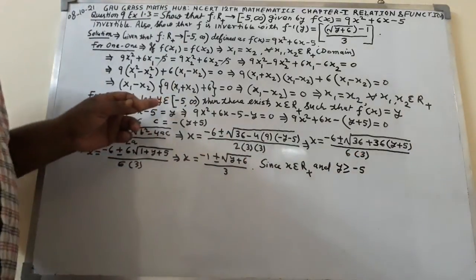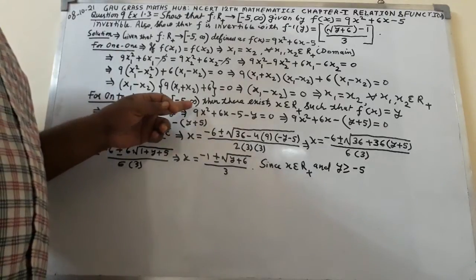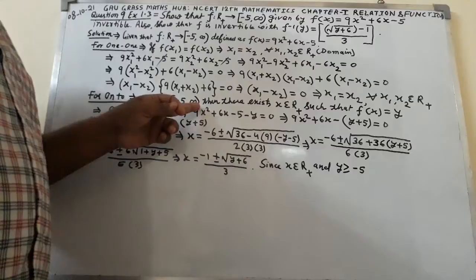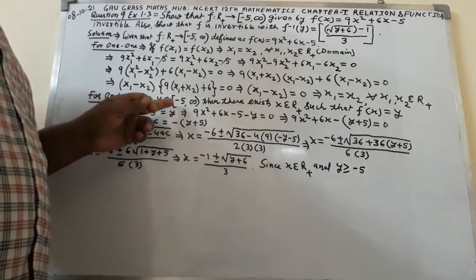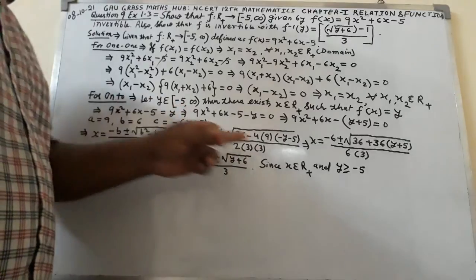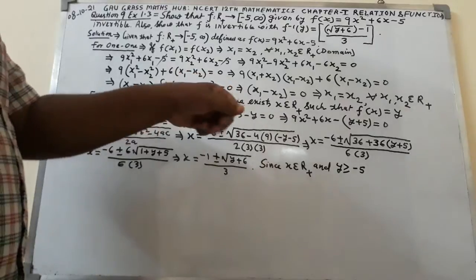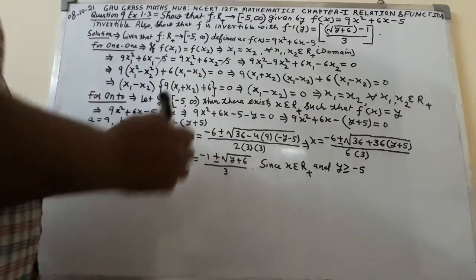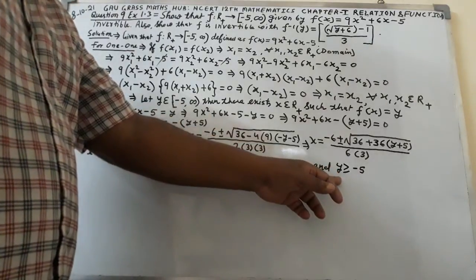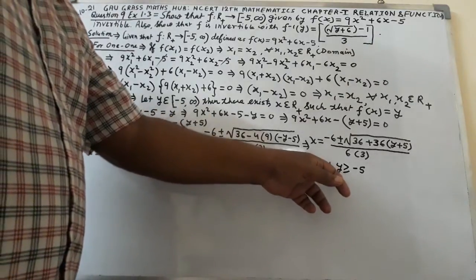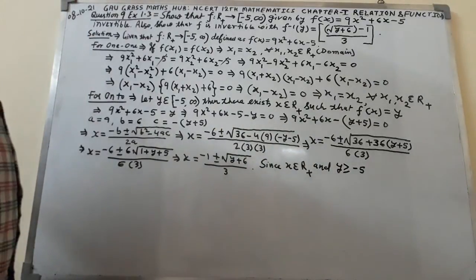From this place y belong to closed interval minus 5 comma infinite open interval. Closed interval means that value of y can be minus 5, so y equal to minus 5, or from right hand side the value of y will be greater. So value of y must be equal to or greater than minus 5. This condition is there.